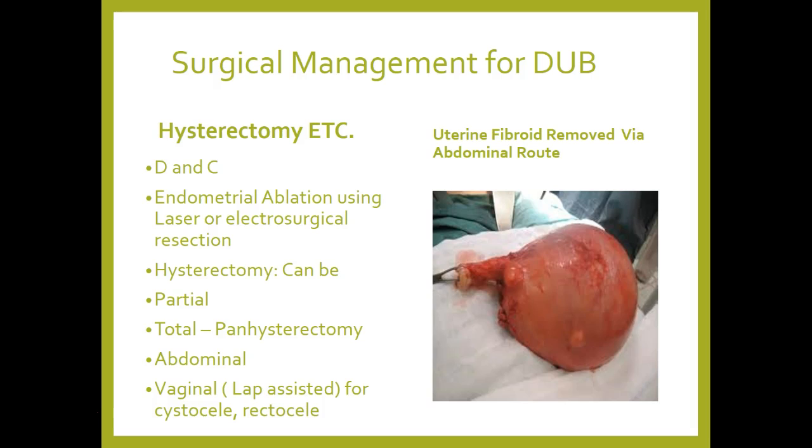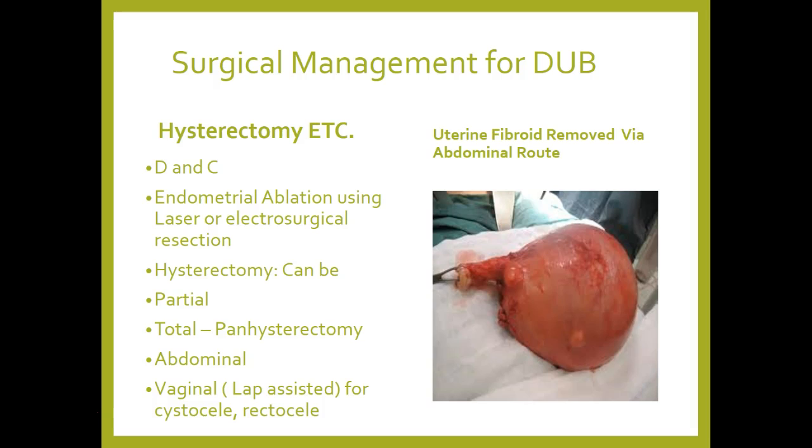Endometrial ablation. Hysterectomies: we can do partial hysterectomies or we can do total hysterectomies. They can also be done abdominally, which means we actually cut the abdomen open and take it out, or they can be done vaginally with the assistance of laparoscopic devices.